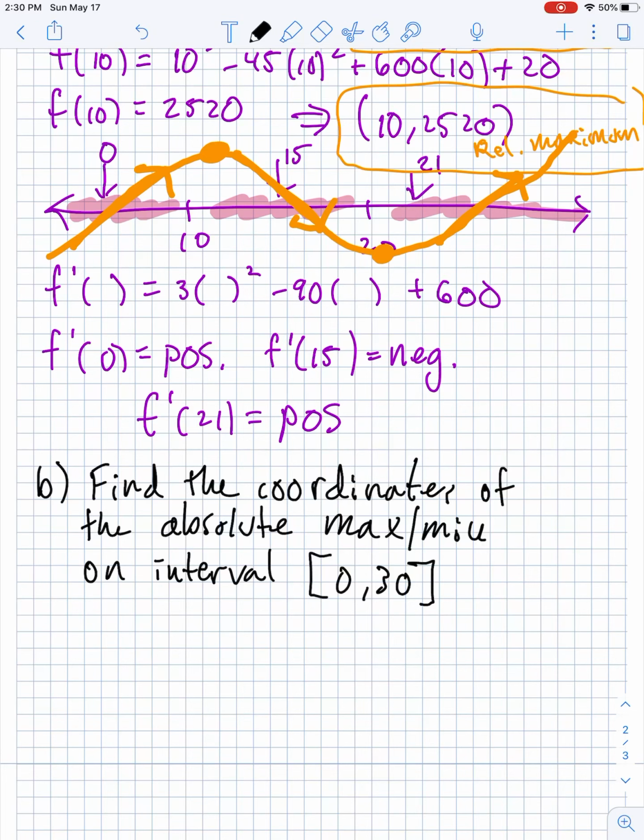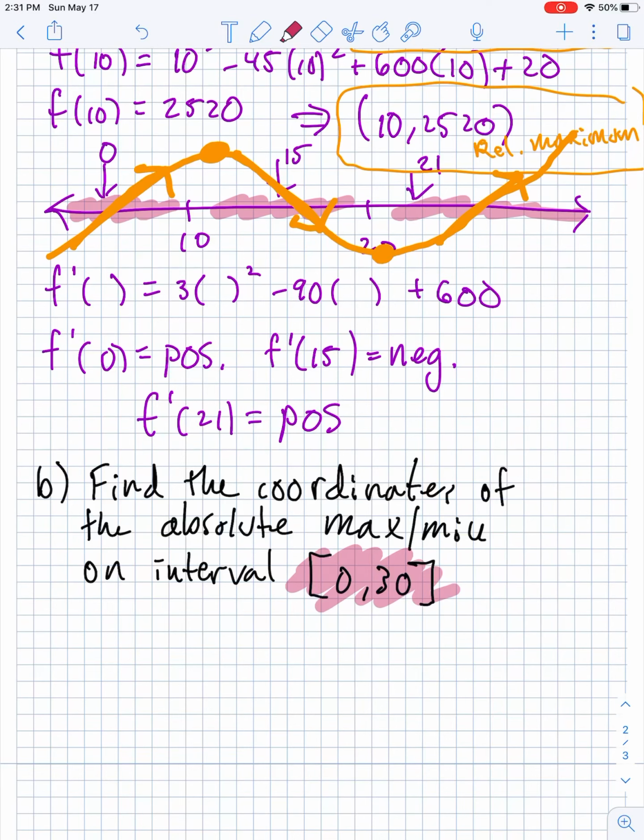Absolute means like the biggest or smallest y value that's on the curve. Now, if you were to graph this, you would see that the arrows go to positive infinity and negative infinity. So if they didn't restrict it, if they didn't give you this right here and just asked for the absolute max or min, it would be positive infinity and negative infinity.